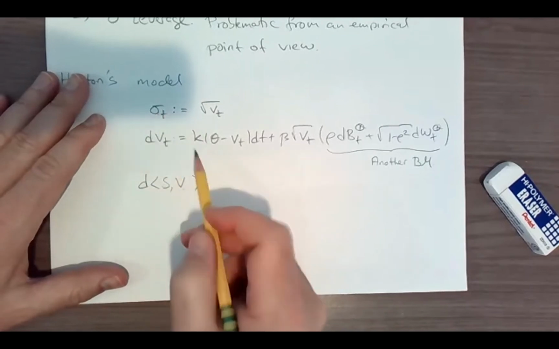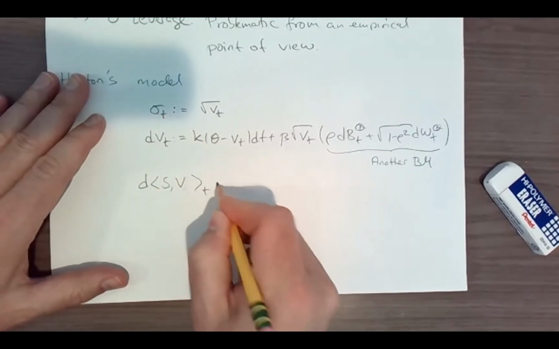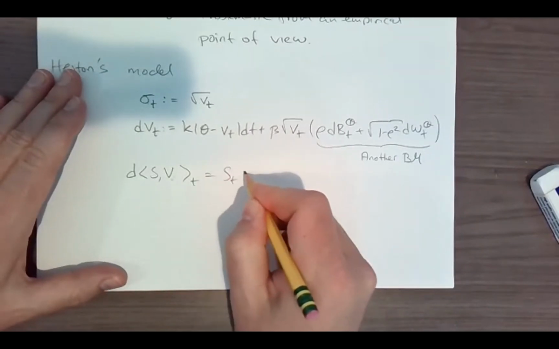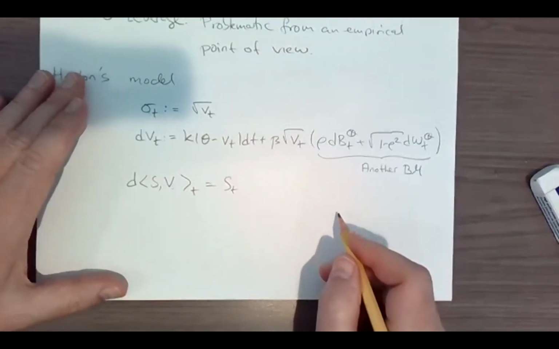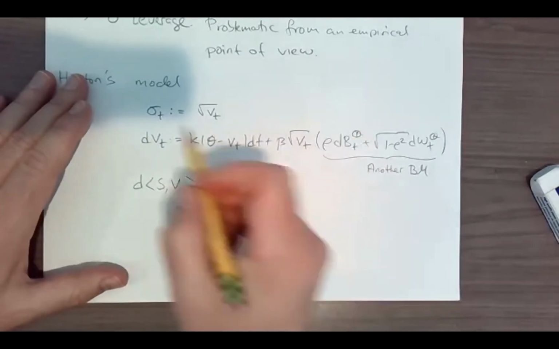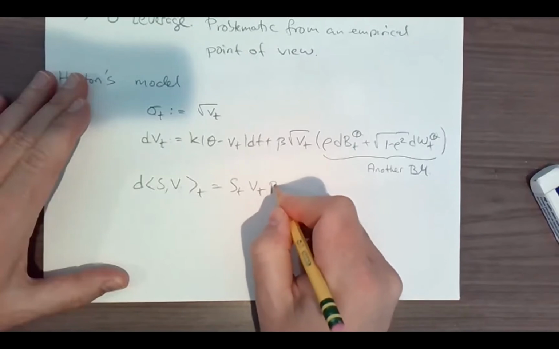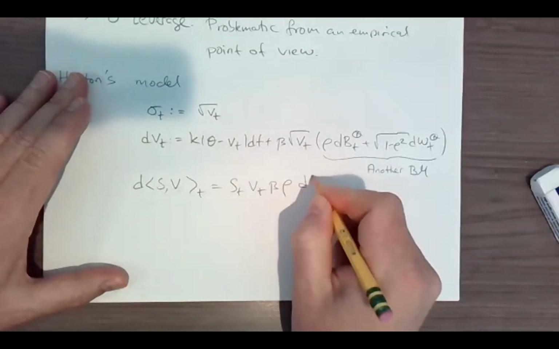Here I'm putting like sigma squared. It just makes it a little bit easier. And you can see I'll get S_t, and then the volatility of S, that was sigma, so that's square root V. I'm going to get V here times a beta times a rho dt.